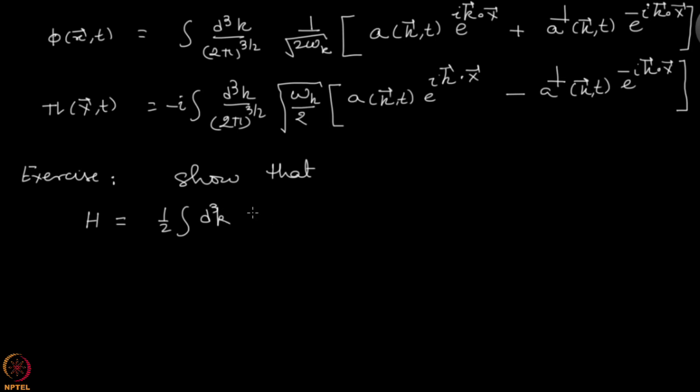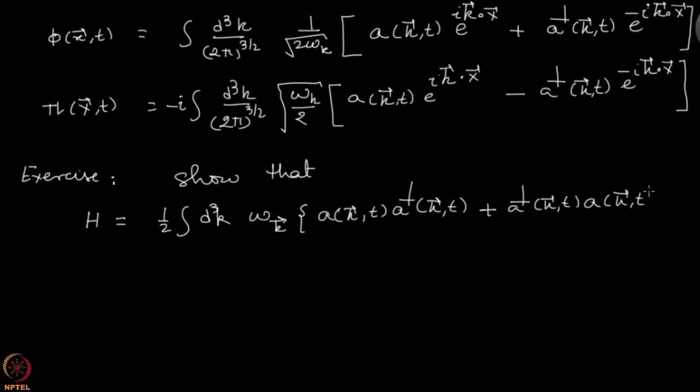The integral of d^3k omega k, a_k(t) a dagger_k(t) plus a dagger_k(t) a_k(t). This will be a very straightforward exercise, and what I can do is write this in a slightly different form. I want to keep a to the right and a dagger to the left. This term is good, but this term is opposite.